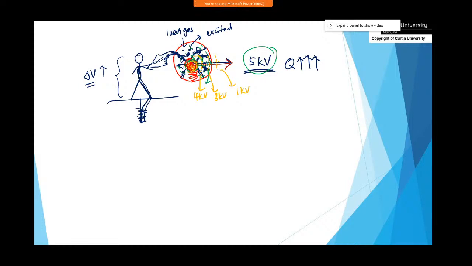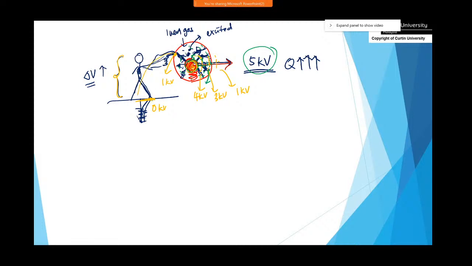So let's say when it comes to my hand, for example, it has reached 1 kilovolt. Between my hand and where I stand, this is 0 volts. So there will be a potential difference between my finger and my feet.